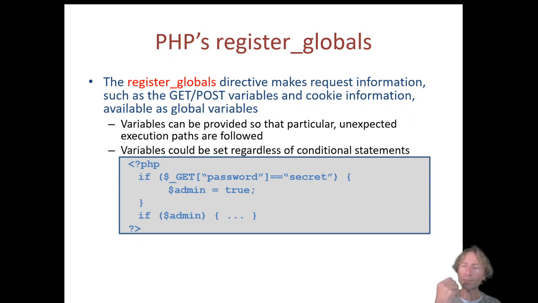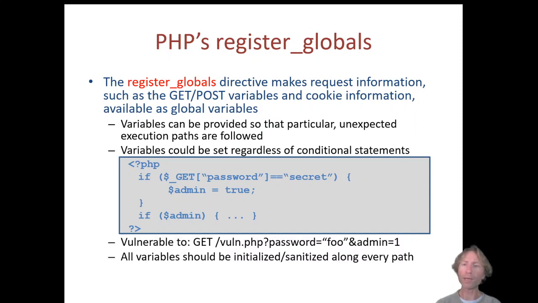Now, if register globals is set and all the parameters that you provide are also global variables in your PHP code, then it may be useful to try to get access to the administrator privileged information by simply adding admin equals one in the query, because this is now a global variable, and that means that you may still not know the secret, but by the time you get here, admin hasn't been initialized yet, so it will be the value that you provided, admin equals one, and therefore you still get access to that privileged information.